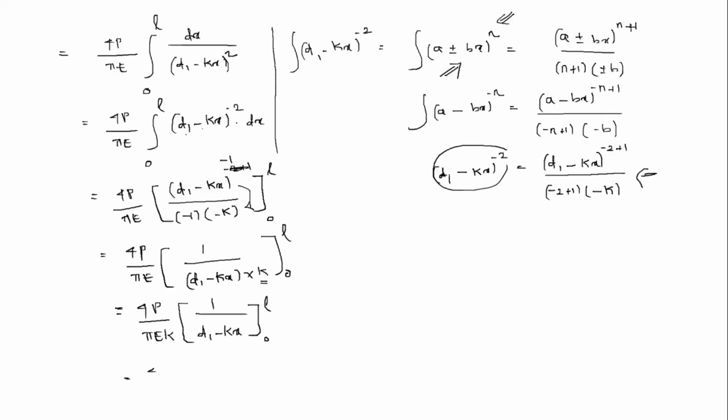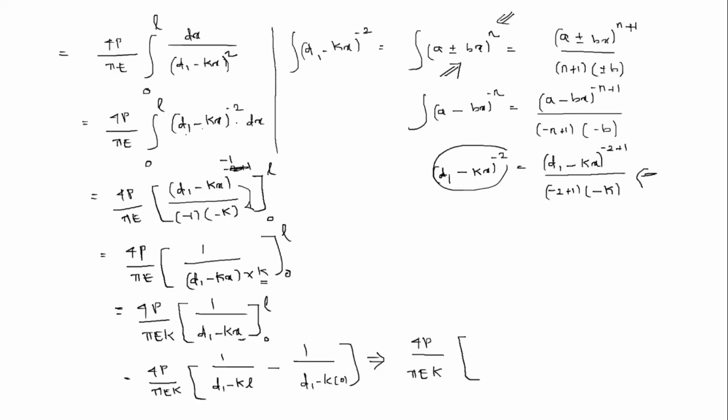So now 4P divided by pi E k into 1 divided by, first we have to apply the upper limit for this x, so d1 minus kL, minus the lower limit, d1 minus k of 0. How to convert this? So now 4P divided by pi E k into 1 divided by (d1 minus kL) minus of 1 divided by d1.